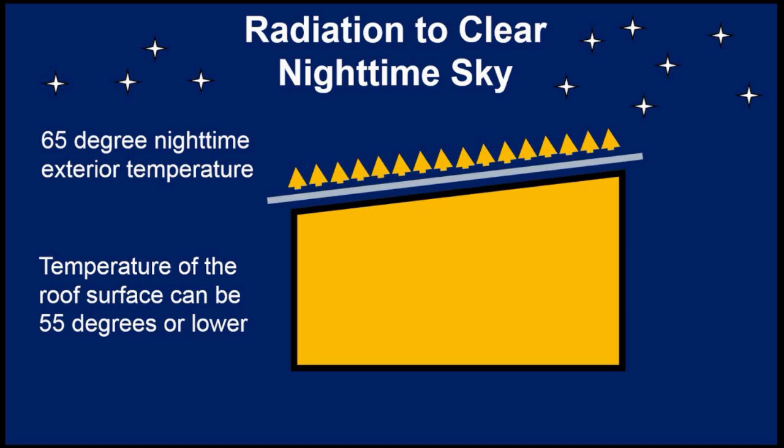So when you see frost on your car on a cold morning, but you didn't think the temperature was going to drop below 32, you may very well be right, because the frost can form on your car even if the air temperature is above 32 because of the radiation to a clear sky. And this has a significant impact on a lot of roof systems.